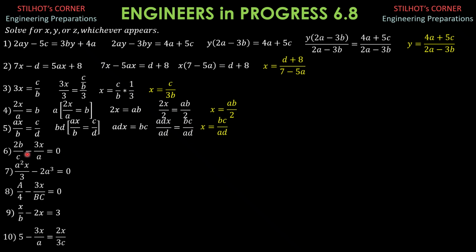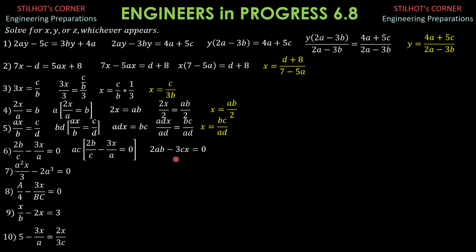Next, number 6, the LCD is ac. Multiply both sides by ac. Then after simplification, the left side, the first term becomes 2ab, then minus 3cx equals 0. So 2ab minus 3cx equals 0.